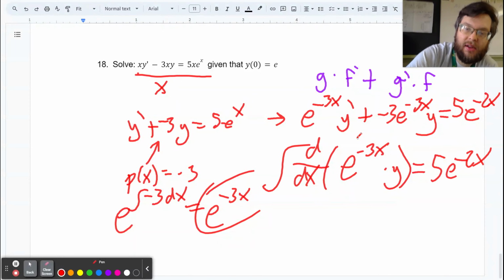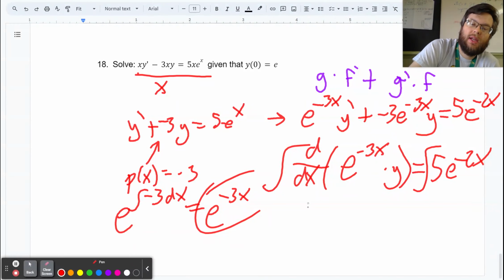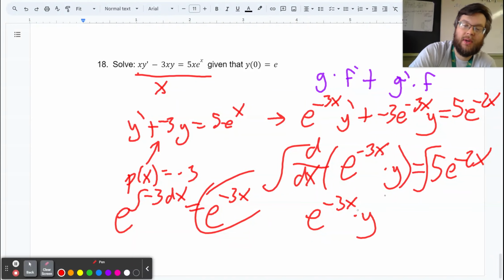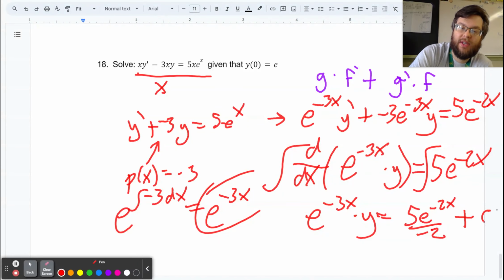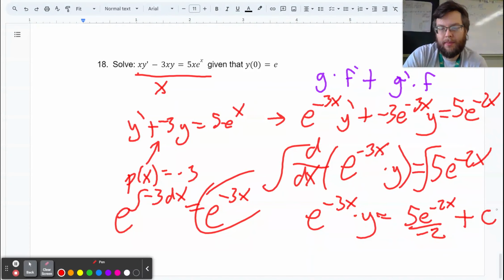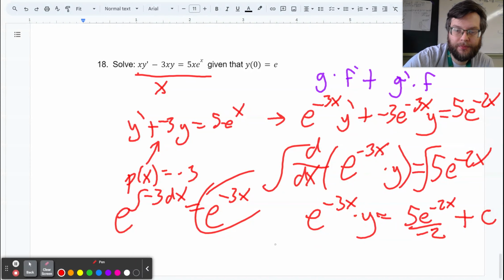Then I can integrate both sides, and integrating cancels out the product rule derivative. Integrating an exponential keeps it the same, but I have to divide by negative 2 to counteract the chain rule. And I put a plus c over there.